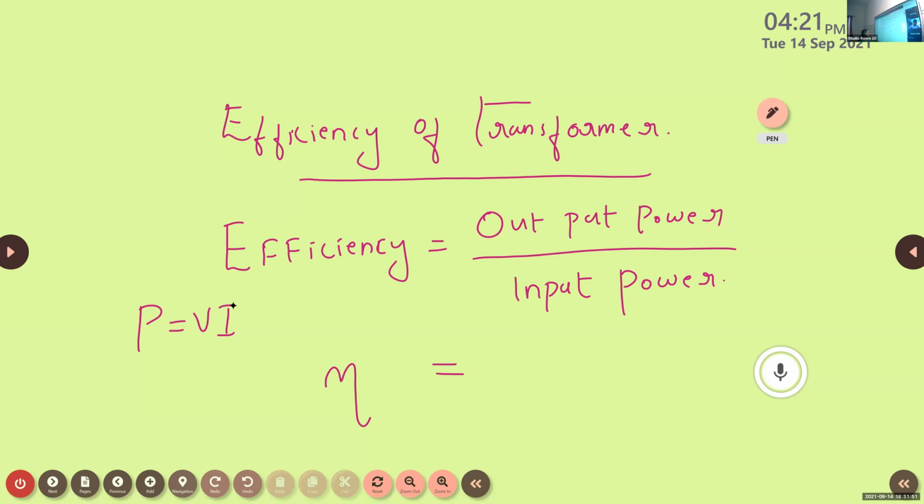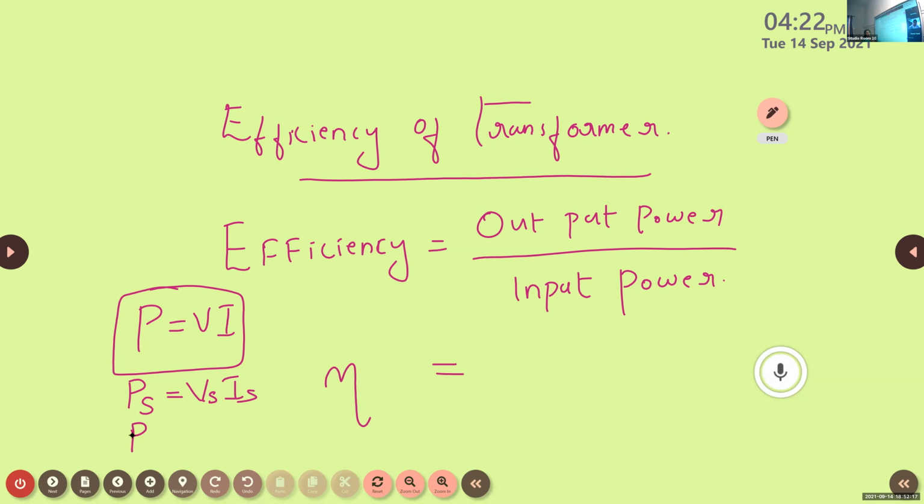Okay. So here the general equation for calculating the power is P is equal to VI. Then the output power, which is derived from the secondary coil, is given by Ps is equal to VsIs. Similarly, the input power is given by, is there any doubt?